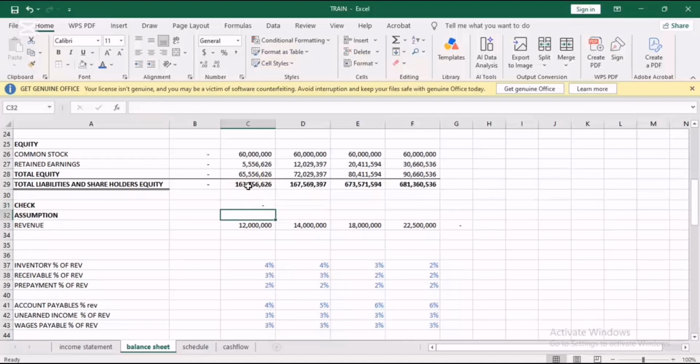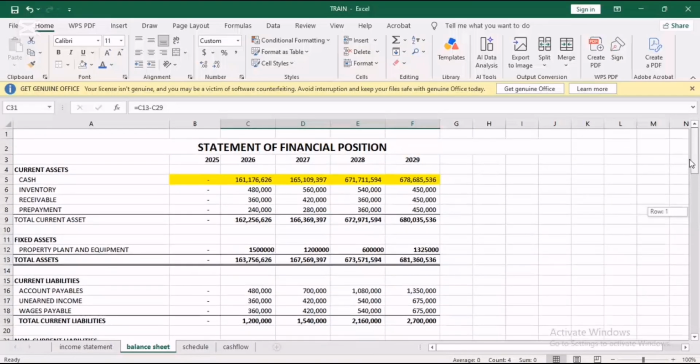Let's hit enter exactly, so we are having 0 here. Let's stretch. Good. It implies that everything balanced, so we had everything figured out well.